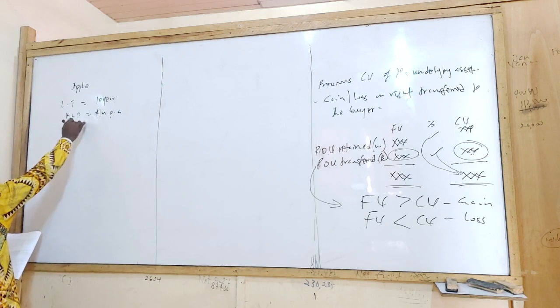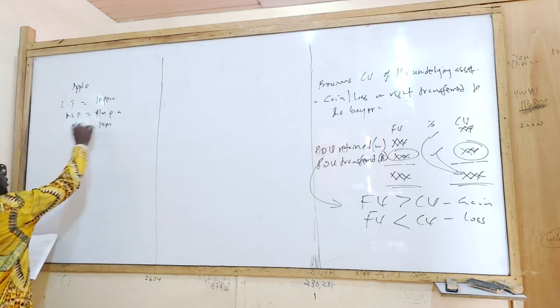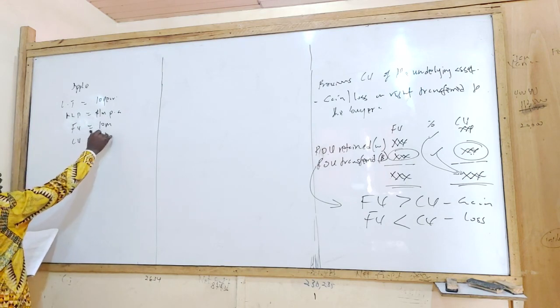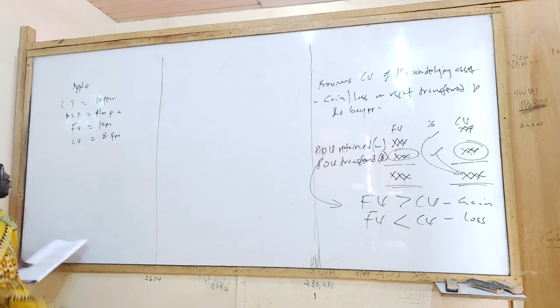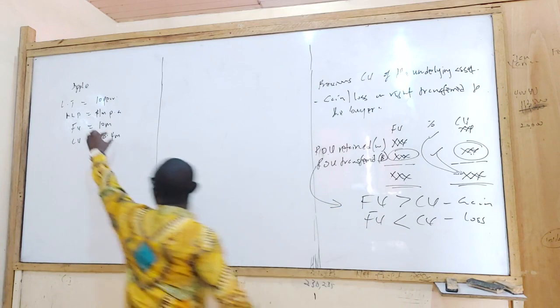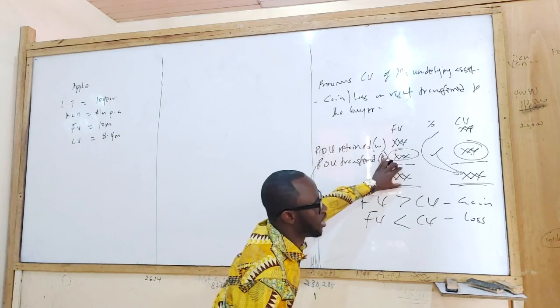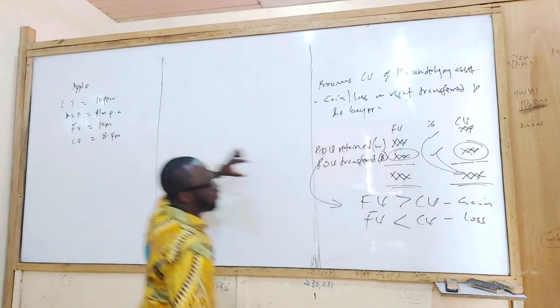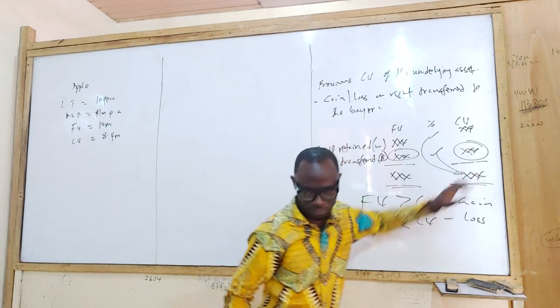So the fair value is 10 million and the carrying value is 8.4 million. So if we are doing this, the fair value 10 million is what will come here, and then the carrying value 8.4, that's what will come here.